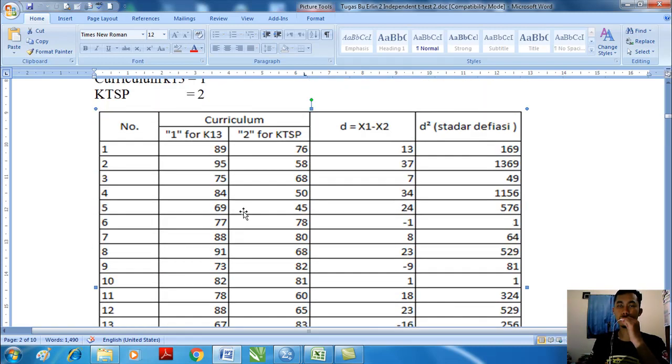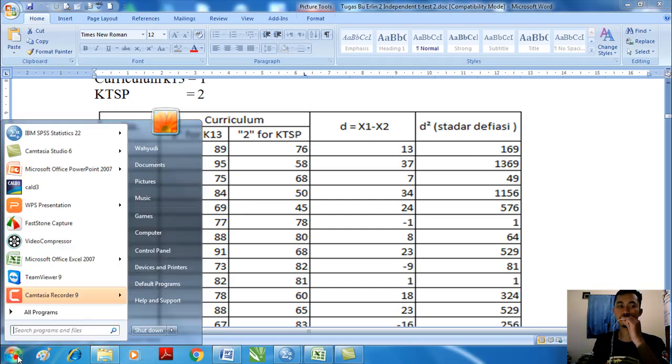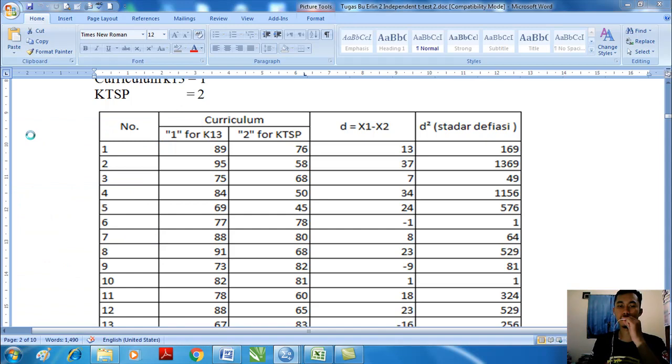Now, we come to the SPSS program or software. Remember, you can use SPSS software up to version 20, and I use version 22 here. Now I opened it.